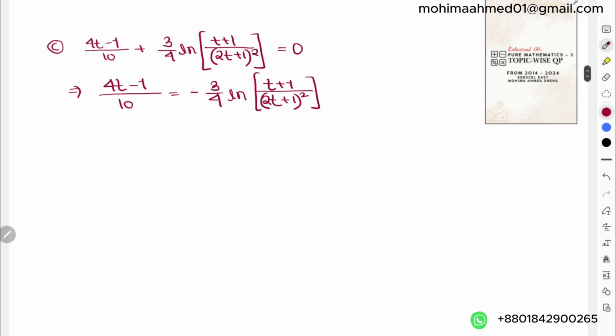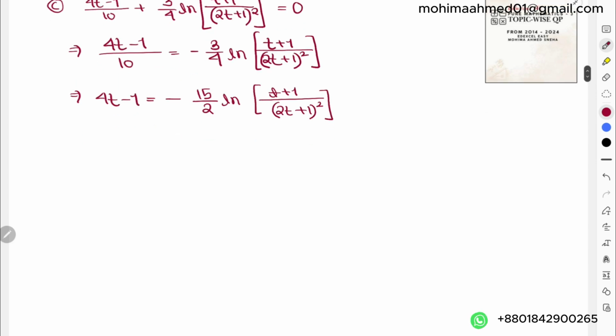So if I take this 10 to the right hand side, we get 4t minus 1 equals 30 by 4 ln. 30 by 4 can be simplified actually. 30 by 4 is 15 by 2, so we get 15 by 2 here already, and then (t plus 1) over (2t plus 1) whole square, right?